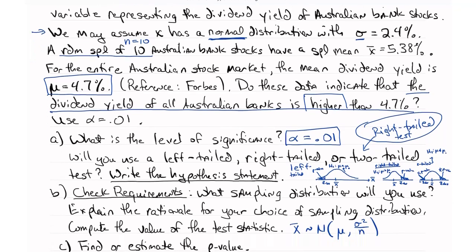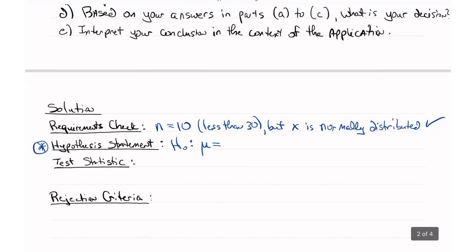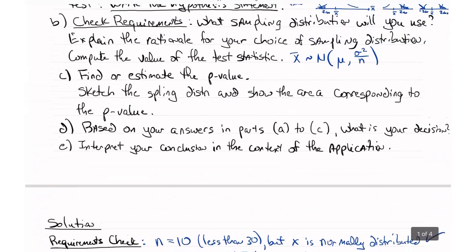So we're going to put 4.7% here. And versus H1, our alternative hypothesis or our claim. So now we have to look back and see what it is we're testing for.